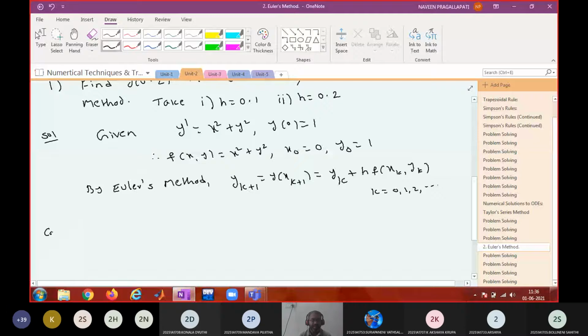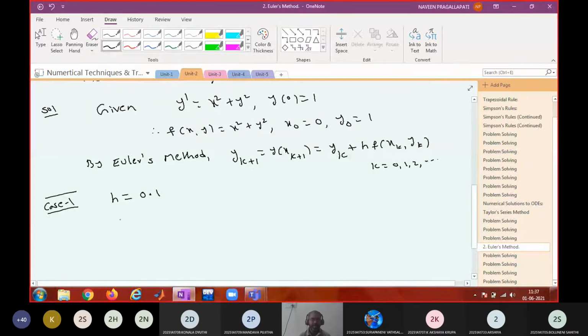So case 1: h equal to 0.1. When you take h equal to 0.1, x1 would be x naught plus h, equal to 0 plus 0.1, equal to 0.1. So y1, which is y of x1, is equal to y naught plus h into f of x naught y naught. Please look here.